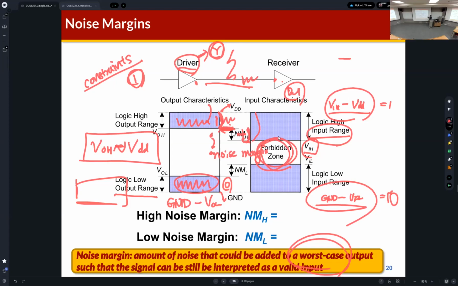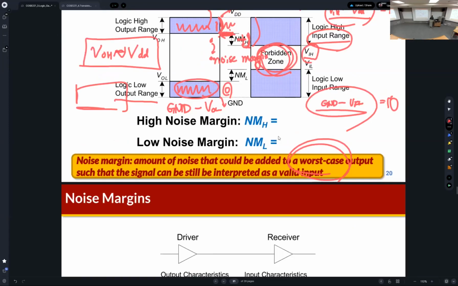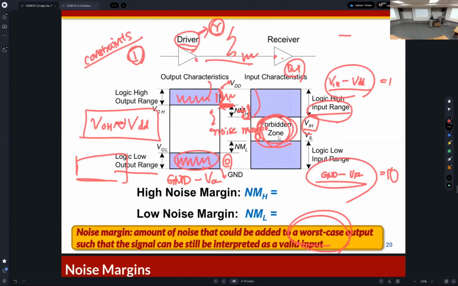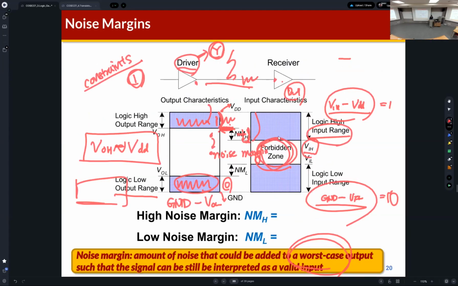If signals are within the allowable margin, then we can say that our system can work properly. I think these parts may be a little bit tricky because we are learning about some analog aspects of the digital systems.